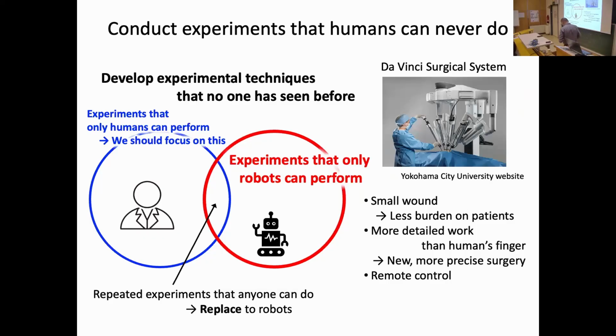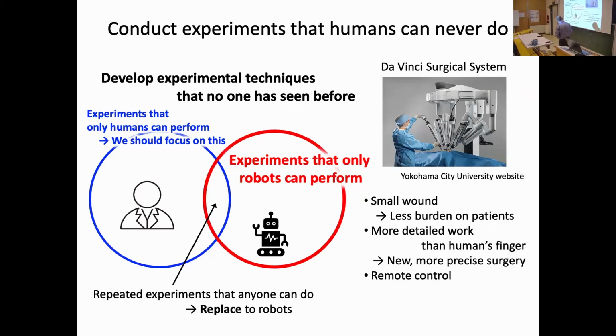So our direction right now is that we go beyond human. So far, it's just a replacement of human. That's not the goal. So this blue curve is what humans can do, and this red circle is what robots can do.